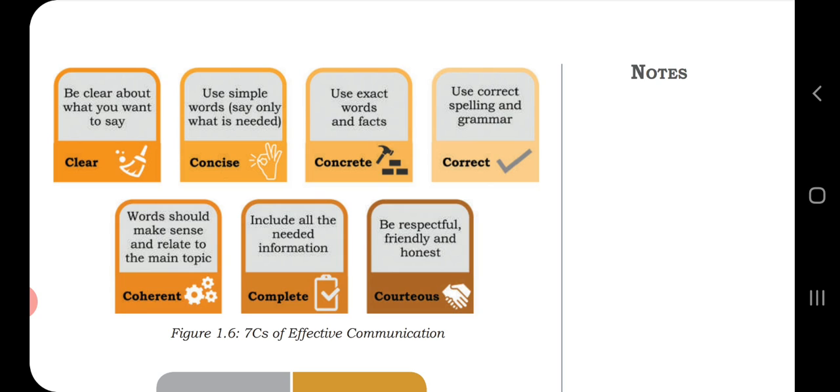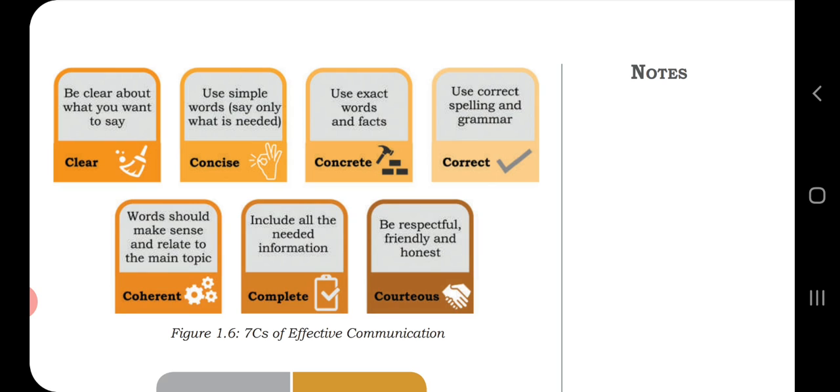Third principle is concrete. Use exact words and facts. When you are talking at some professional place, we should not be giving unknown facts, and we should not be saying what is not correct. Whatever we are saying should be concrete. If we want to say something, we should have examples and proofs about whatever we are saying.